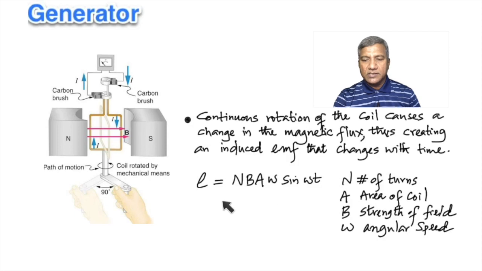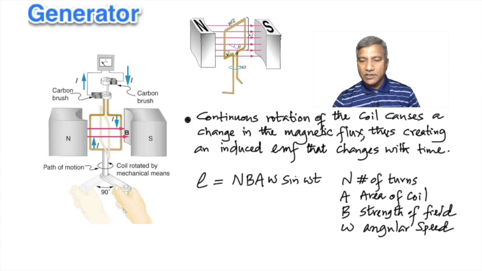So that is the formula for induced EMF in a generator. In fact, these, N, B, A, and omega, are all constants. So these 4 together is called the peak value of the EMF.